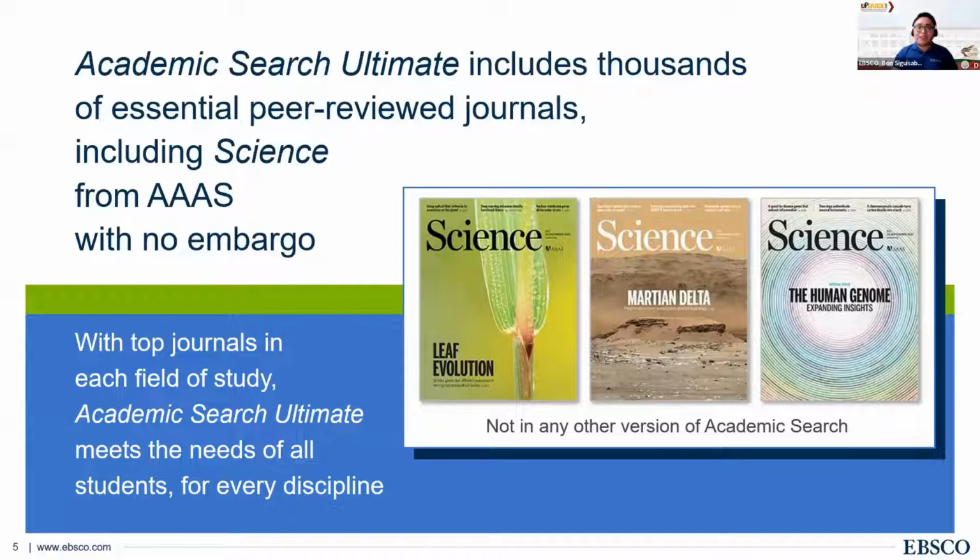So this particular publication is available, po, in full text with no embargo only in the Academic Search Ultimate version, okay? And with this, po, you could have access to this type of publication without embargo. So yun po yung unique po na feature or unique na content na meron po si Academic Search Ultimate compared with the other Academic Search versions.